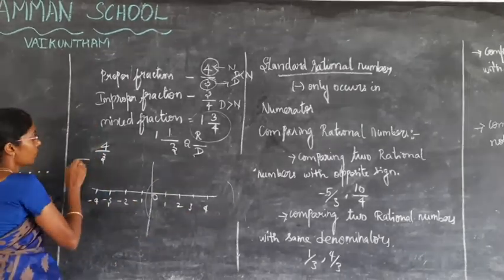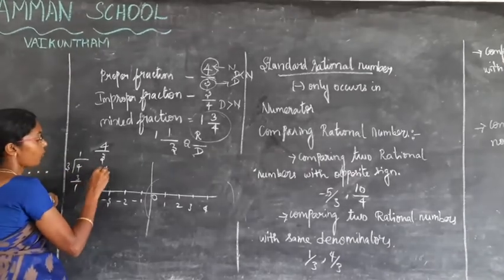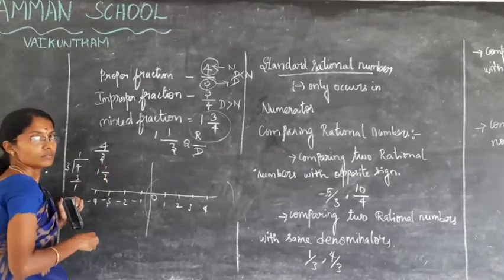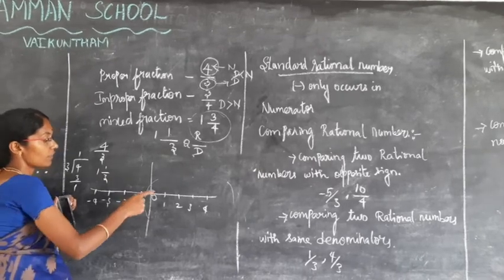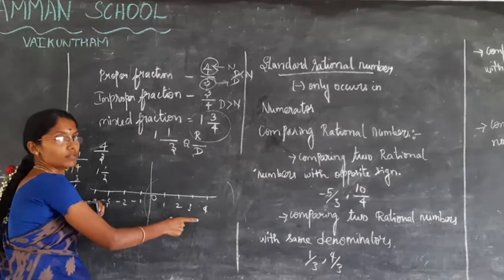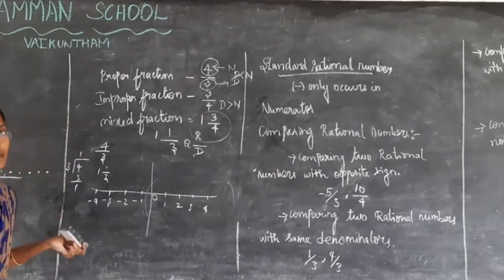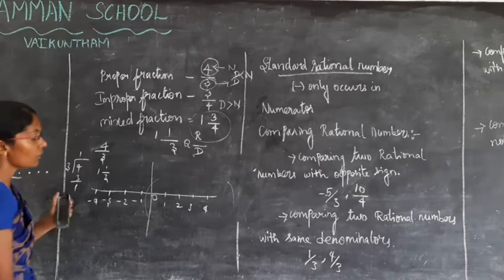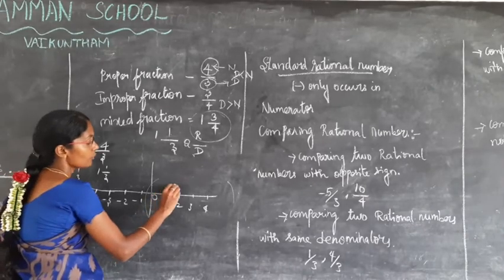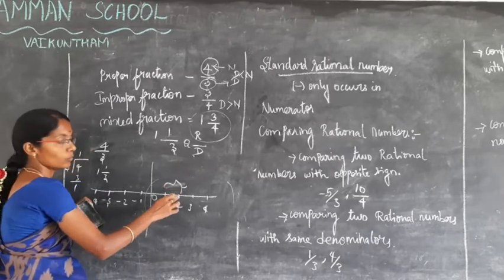So 3 into 4: 1, remainder 1. 1 by 3. That means it will occur on the positive side. Where will it occur? It occurs between 1 and 2.